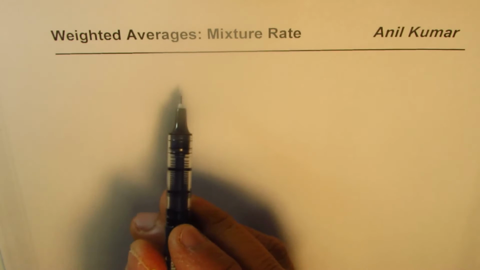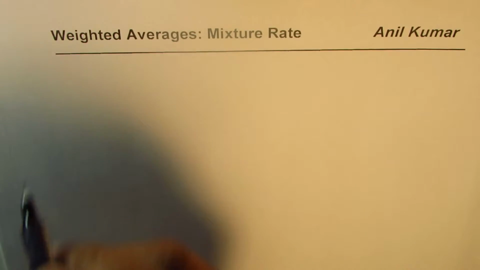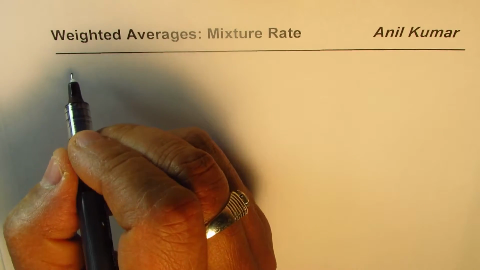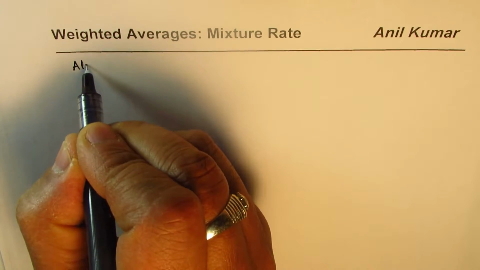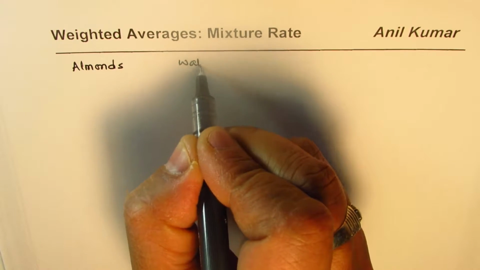The application is mixtures. Let us say we are making a trail mix where we are just mixing a few nuts. So let's say we have almonds mixed with walnuts.